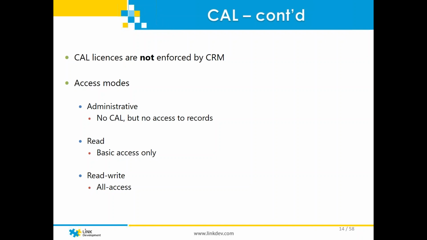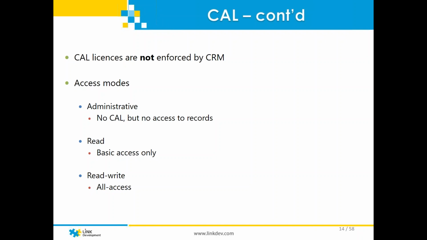So it's up to you. Microsoft doesn't enforce that. But if you don't have a license, you can't install CRM. That's the difference. You can use it without a license, but you can't install it without a license. Of course, if you use it without a license, that's a problem. But that's between you and Microsoft.